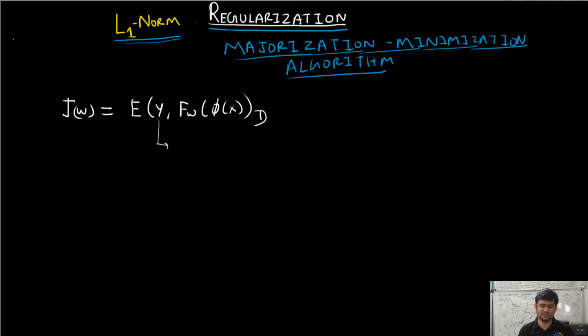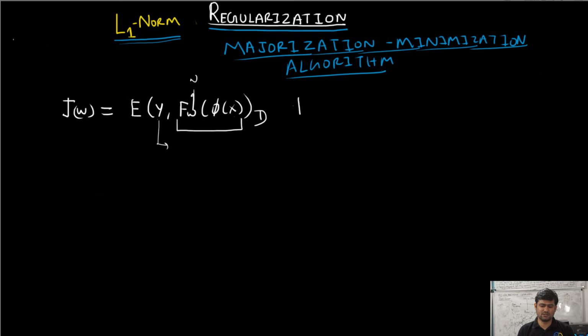And we have some data set of m data points, and this error is a measure of the error that we will be incurring over this data set by a choice of this functional mapping f_w of phi of x_i, where this function f is parameterized by some learnable parameters w.